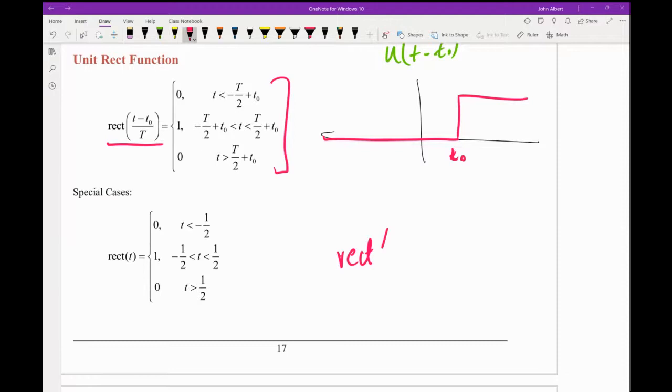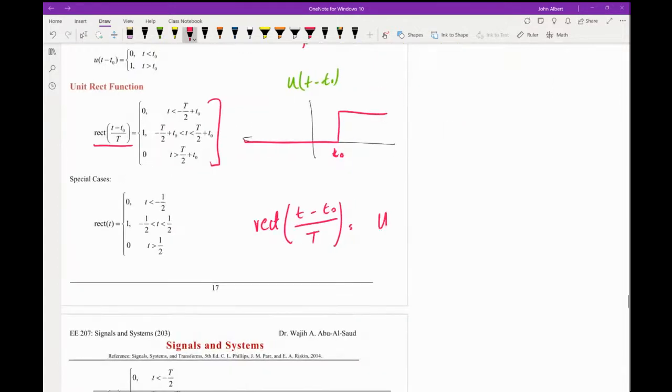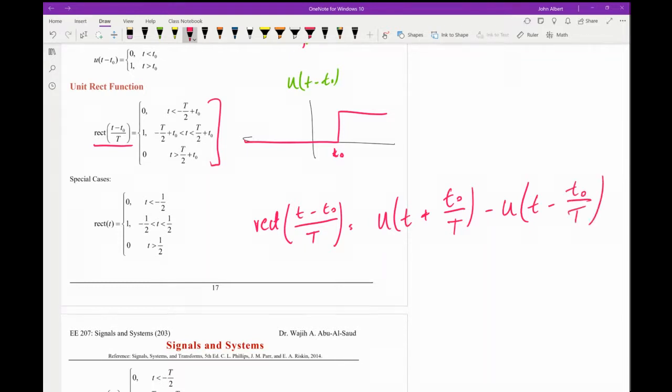So the direct function, rect of t minus t0 divided by capital T, is defined as u of t minus t0 divided by capital T plus, in here, minus u of t minus t0 divided by capital T. Yeah, this is basically the definition of the direct function in terms of the step function.